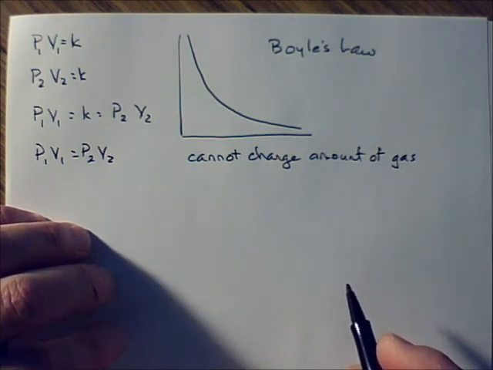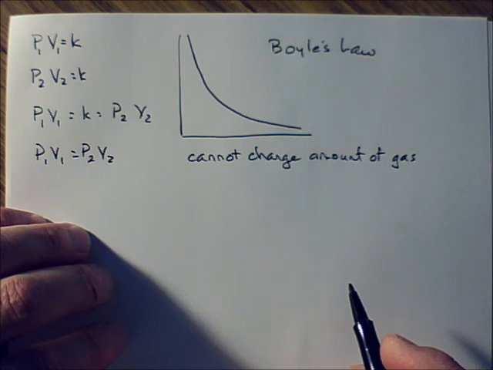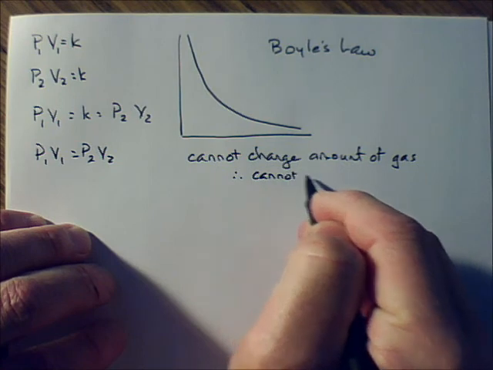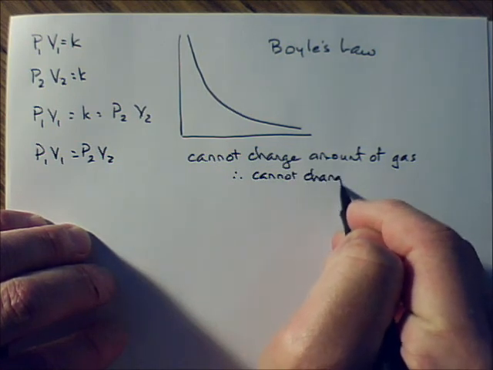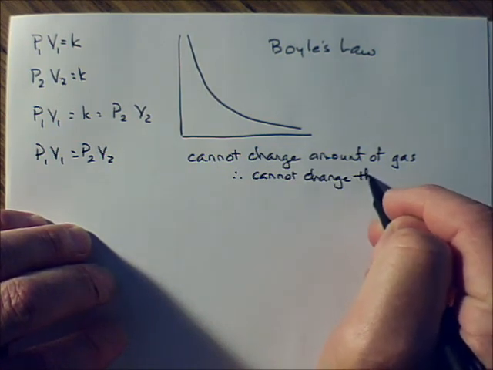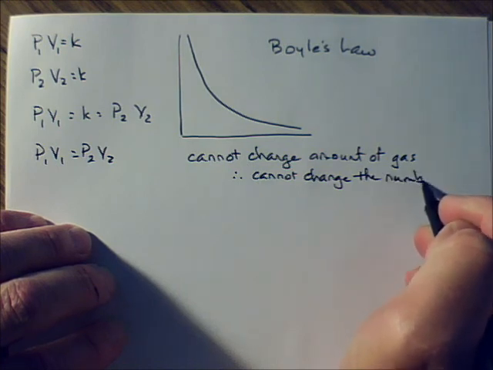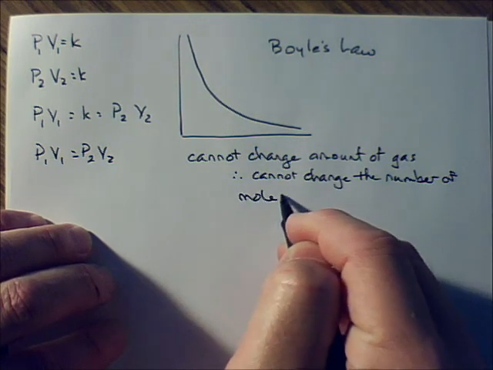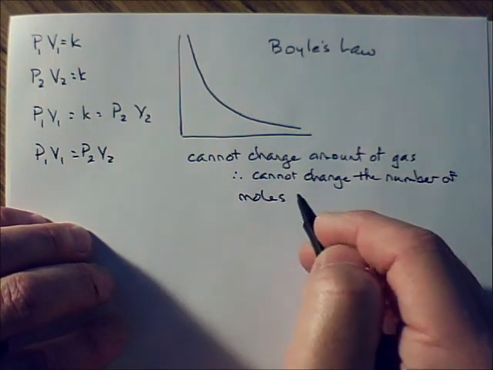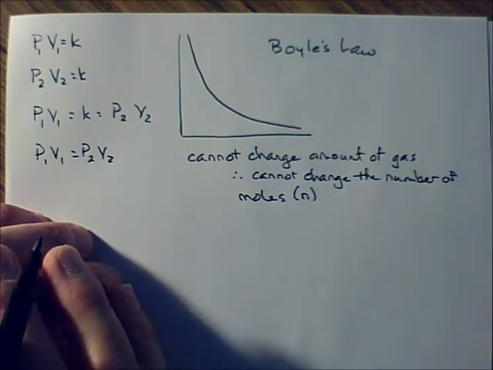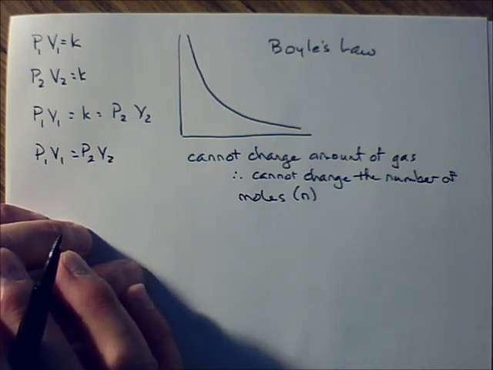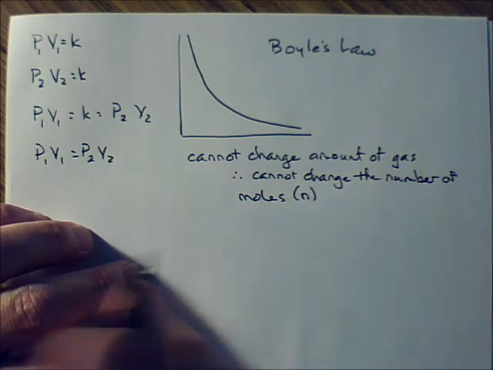And since the SI unit for the amount of substance is the mole, therefore you cannot change the number of moles. And we symbolize in our gas laws the number of moles as the letter N. N, number of moles. Very good.